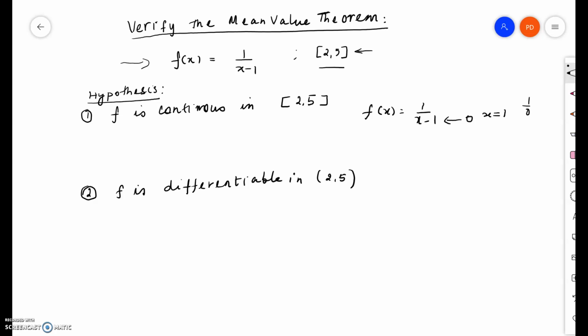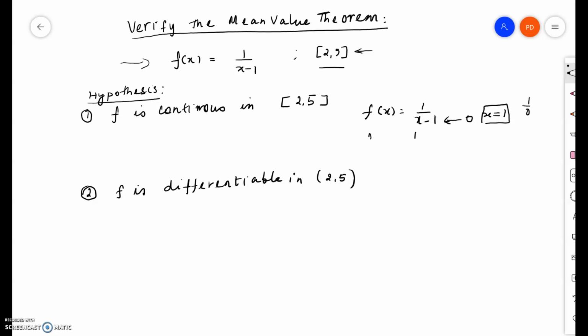So when we look at the function f of x, which is equal to 1 over x minus 1, the only problem would happen if the denominator were to be 0. No matter which number we plug in, except for x equals 1, the denominator is never going to be equal to 0, which means the function is defined everywhere with one exception, that is x equals 1.